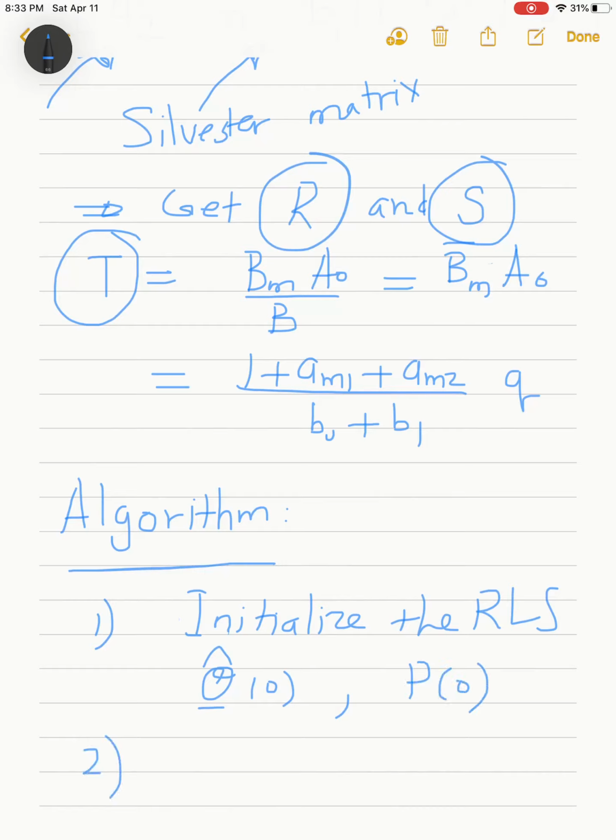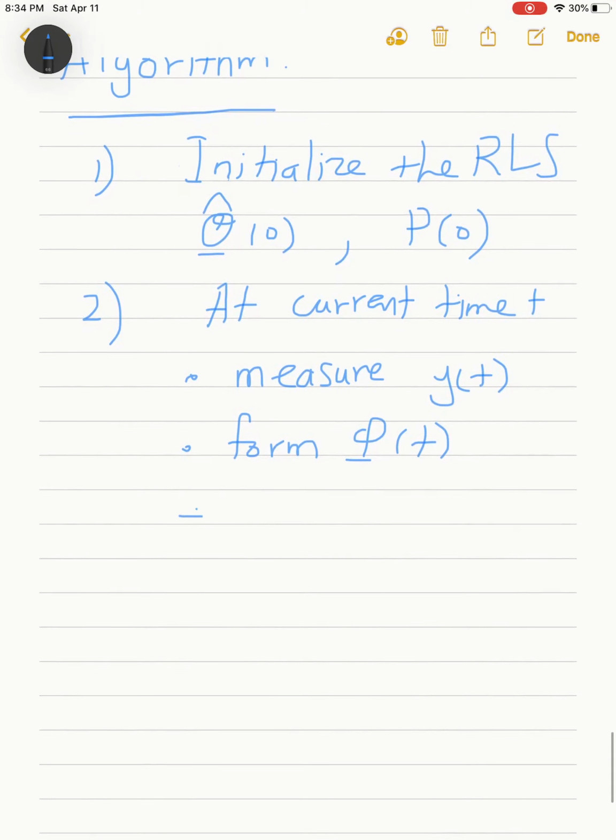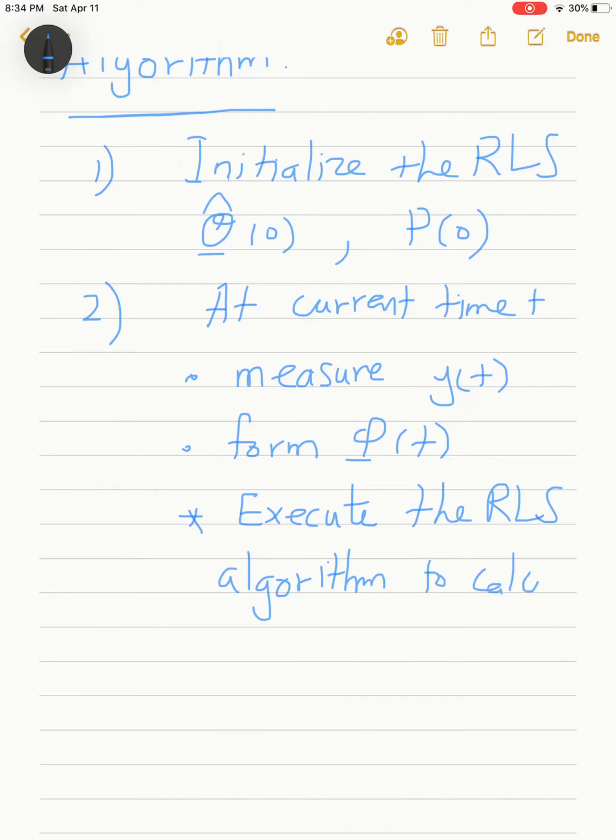The second step is to consider at the current time t, we measure the output, we form the regressor, we execute the recursive least square algorithm to calculate the estimate theta.